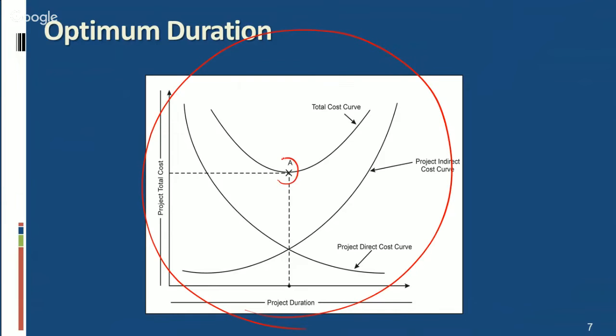At point A, the cost will be minimum. The corresponding time to point A is called project duration, but this is optimum project duration because here the cost is minimum.